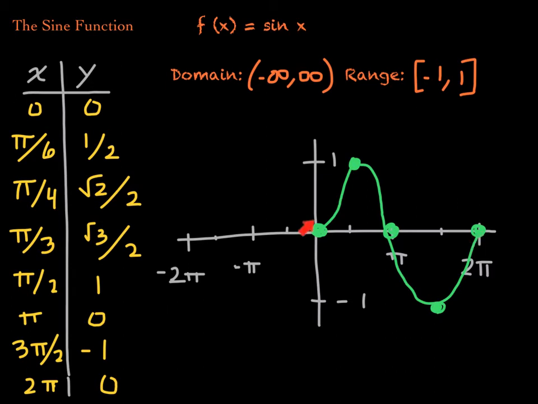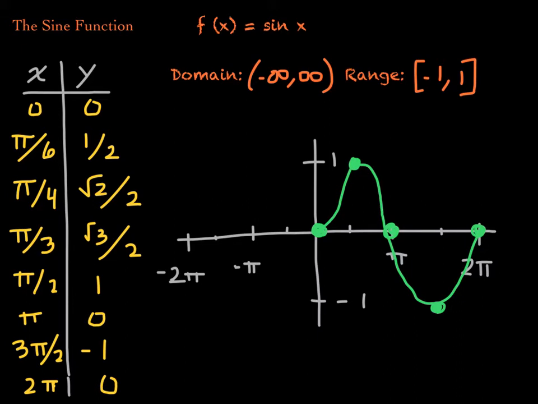So that's the pattern, okay? X-intercept up to a maximum, x-intercept down to a minimum, back to an x-intercept. If you keep on going, this cycle will repeat. This cycle will repeat.